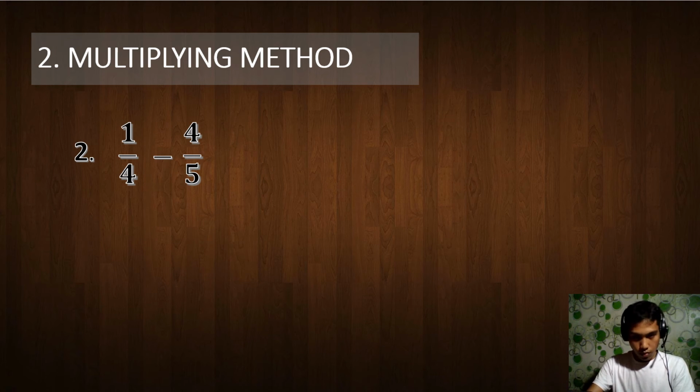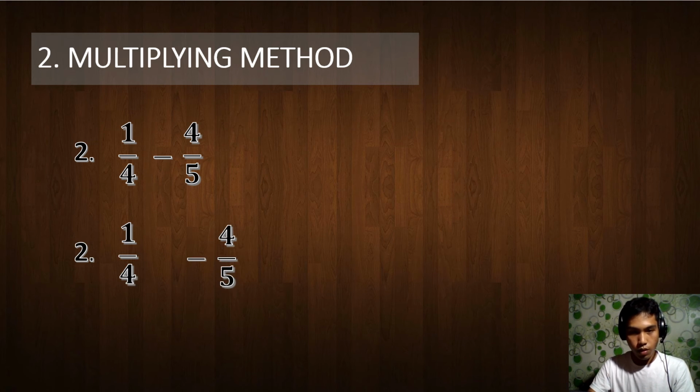Okay. So for number 2, the same process. Again, we think of the least whole number that can be divided by both 4 and 5, and we need to multiply each fraction by the fraction that will result in that number. So we focus on the denominator first. For the first term, we can multiply it by 5 over 5, and the second by 4 over 4.